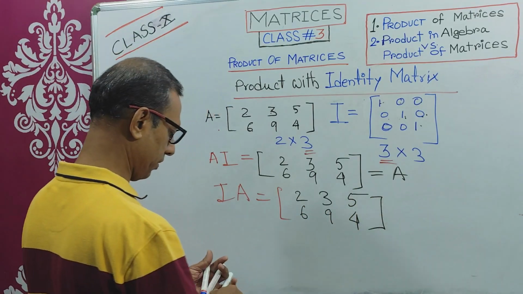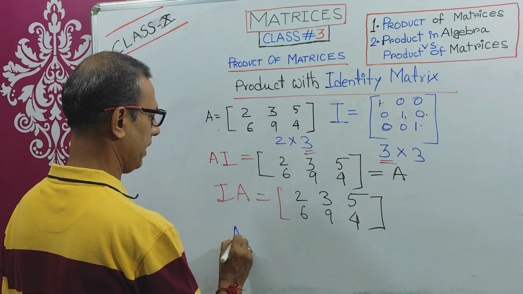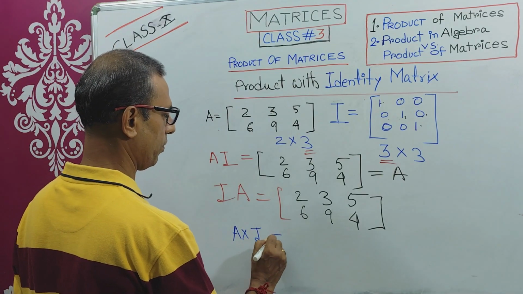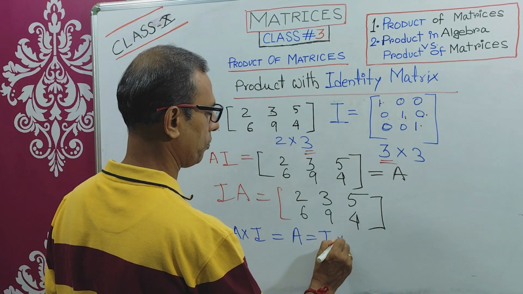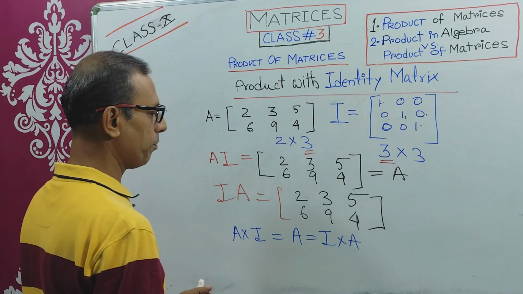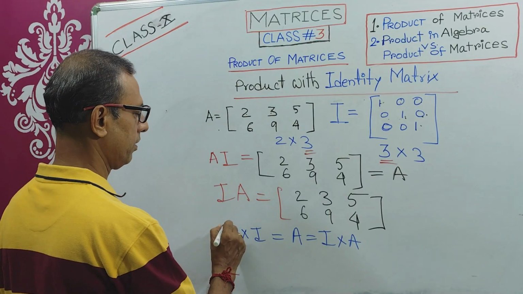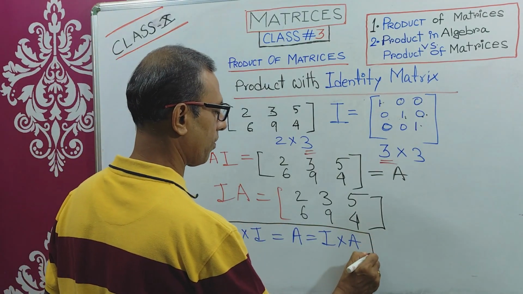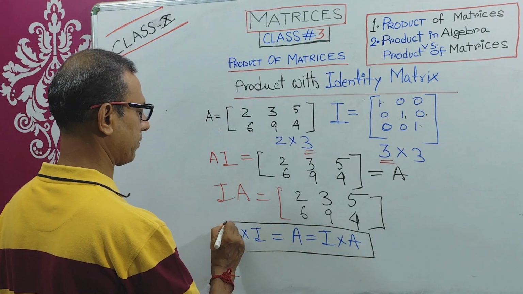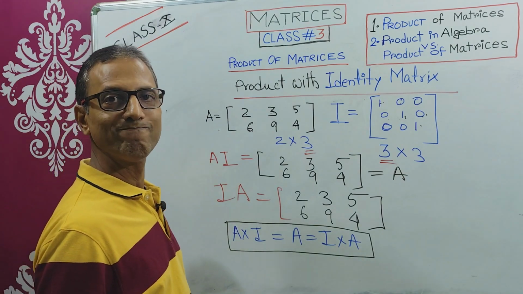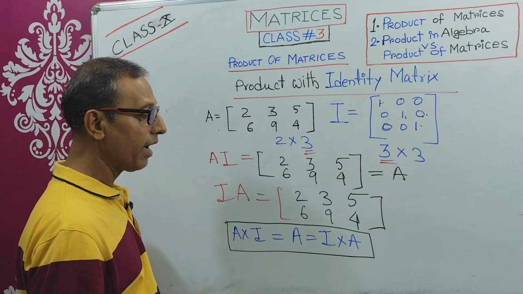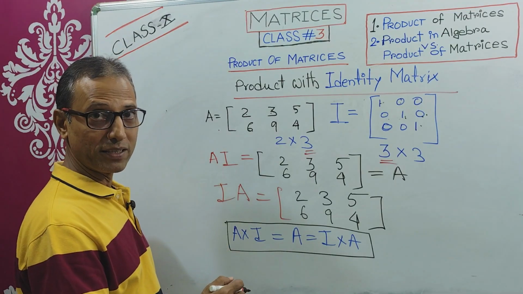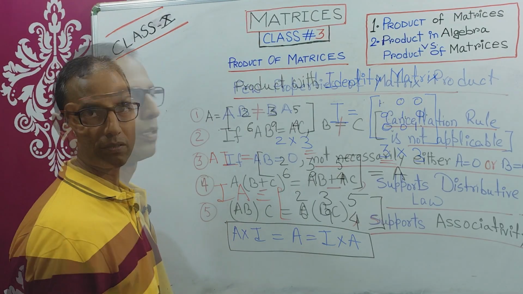That means you can say that A into I equals A equals I into A. So the product of a matrix with the identity matrix is commutative, right? Because if you change the order, it doesn't matter. And the resultant matrix is always the non-identity matrix.